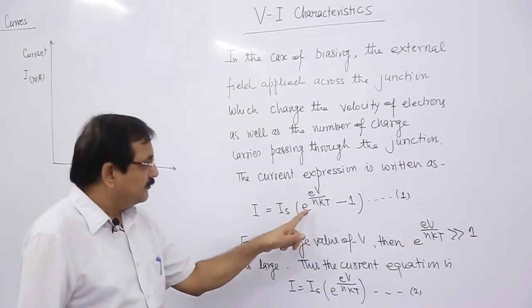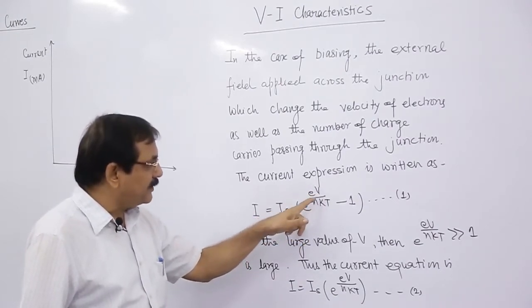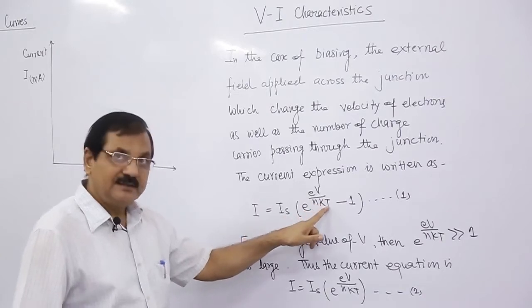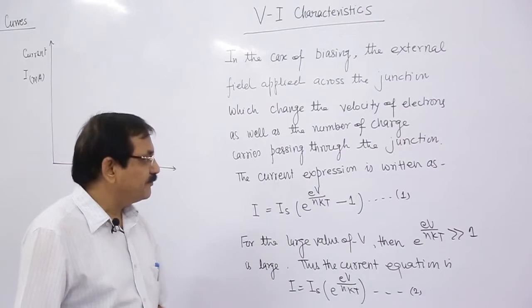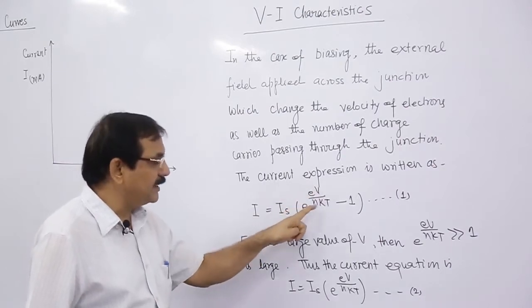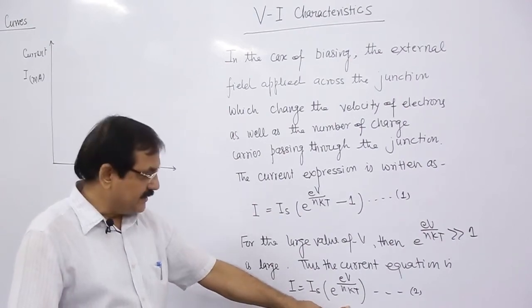So, from this expression, e to the power e V upon n k T minus 1 is approximately equal to e to the power e V upon n k T. So equation 2 is modified accordingly.